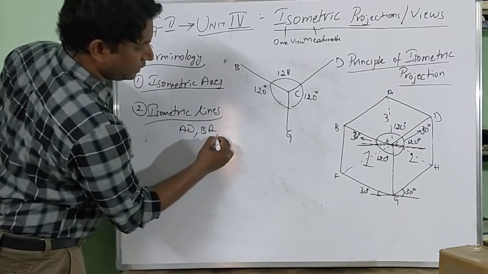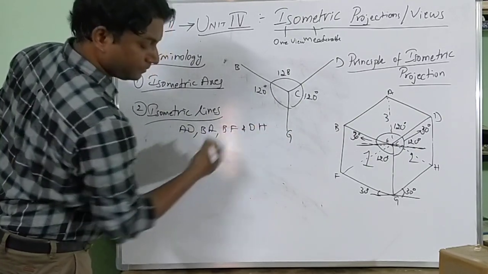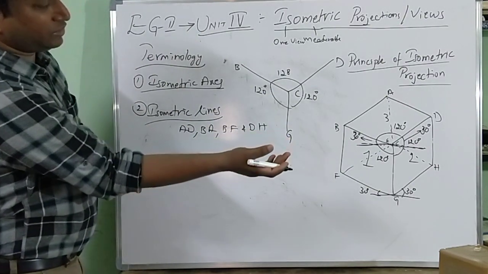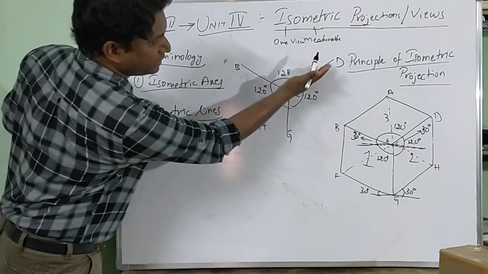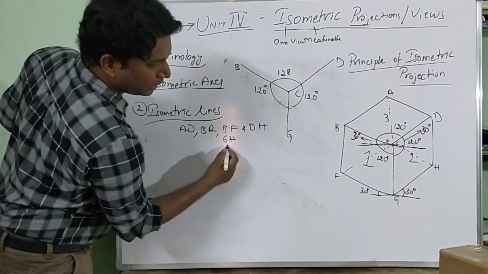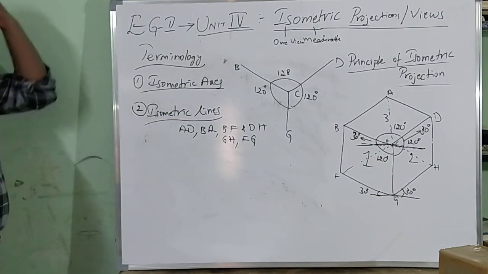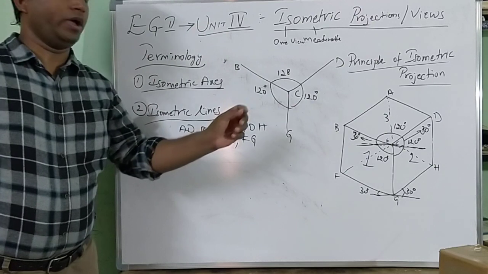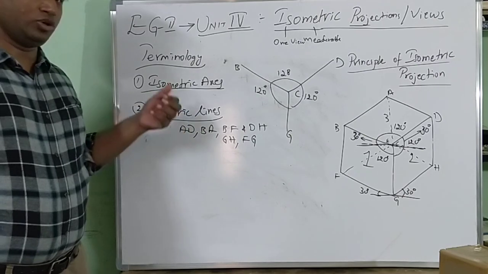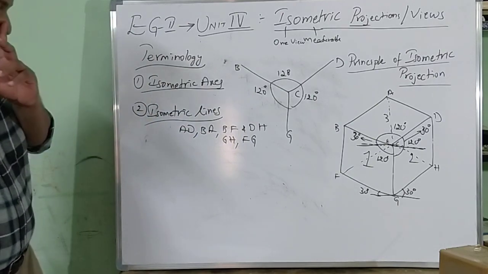For CG, the parallel is BF on the right side, and DH. All these lines are called isometric lines. We have still more parallel lines: at the bottom, for CD the parallel is GH, and for BC the bottom parallel is FG. All these lines are called isometric lines. To recap: the isometric axis is the point where all 3 lines meet together with equal angles, and isometric lines are the lines parallel to the isometric axes.